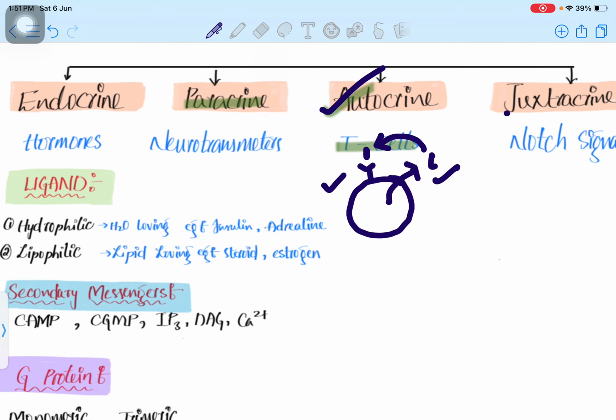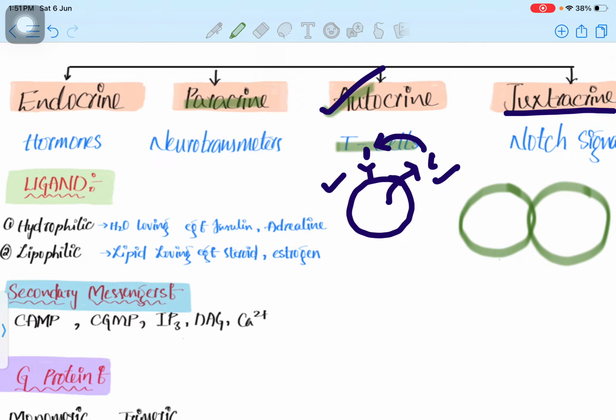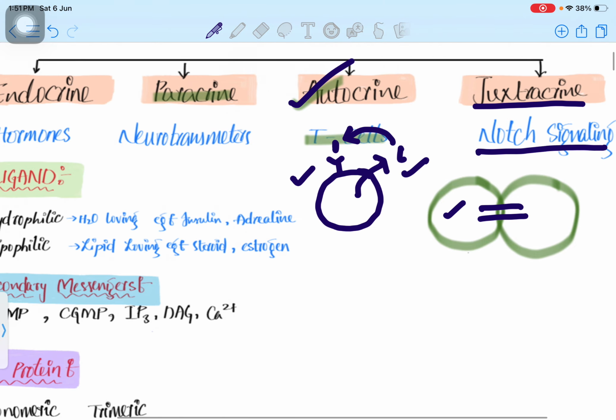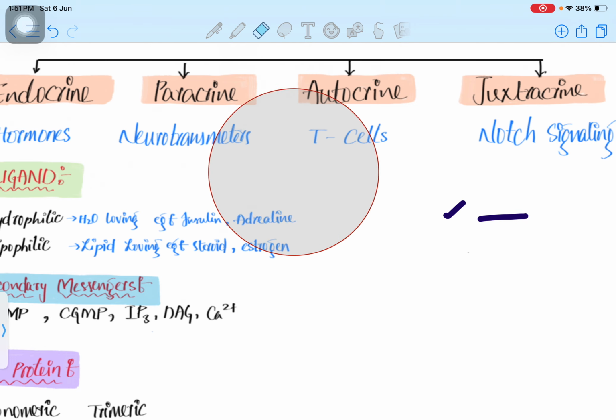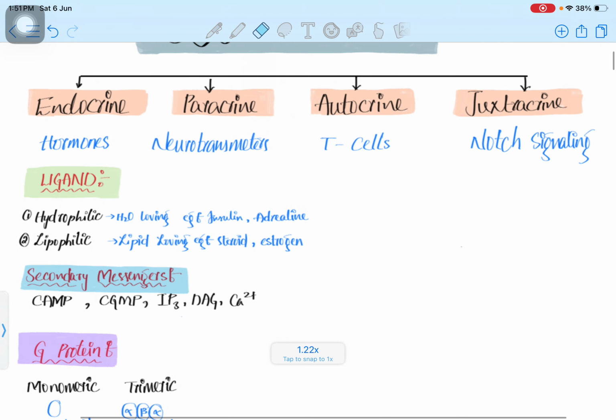And in juxtacrine signaling, there are two cells which are attached, with the ligand and receptor fitting into each other. Whenever the time is needed, only then will the signaling happen, which we can see in notch signaling. This is the difference between the different types of signaling.